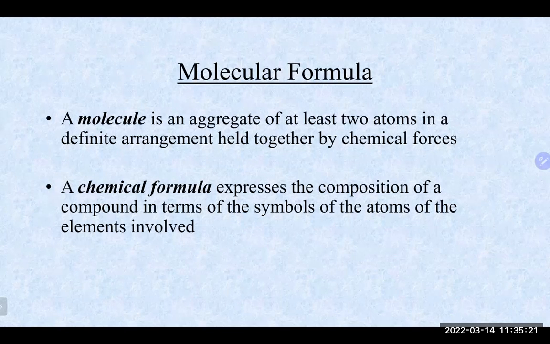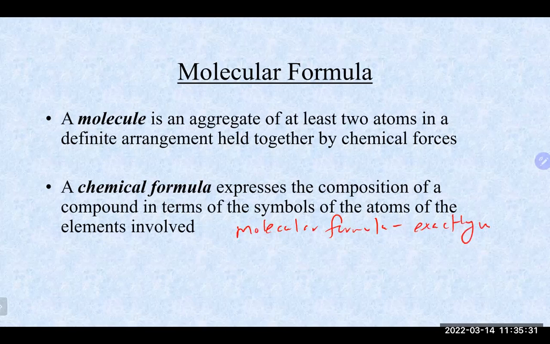The molecular formula pretty much tells us exactly what is present. So when we do see a molecular formula, it's exactly what is present. So for example, CH3COOH, C2H4O2.